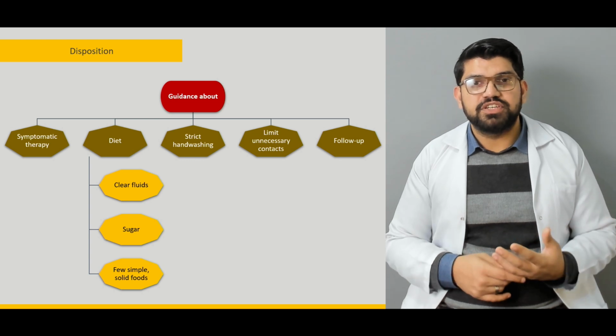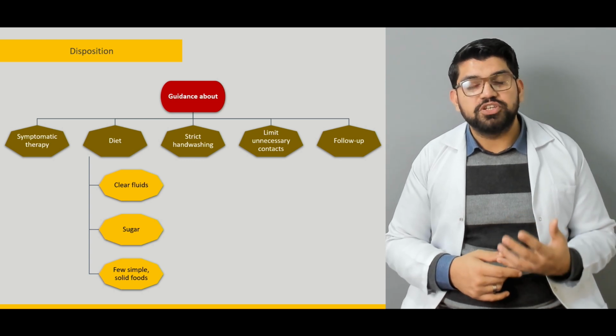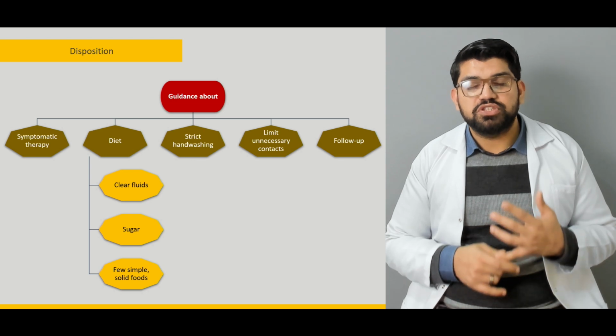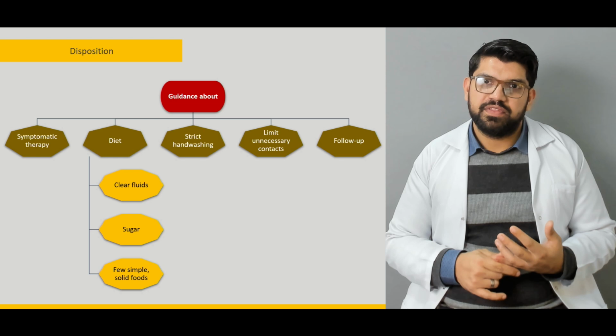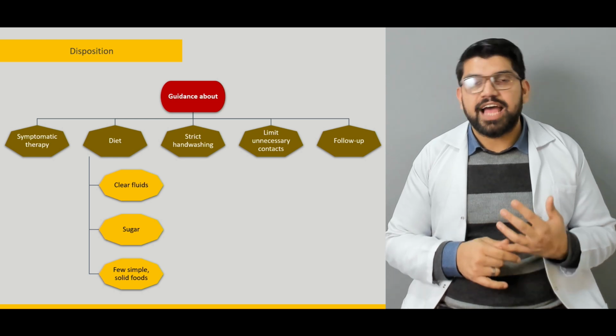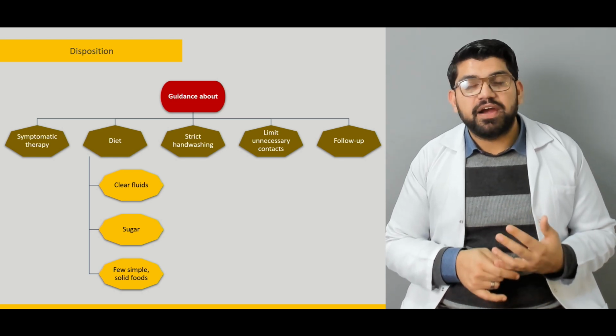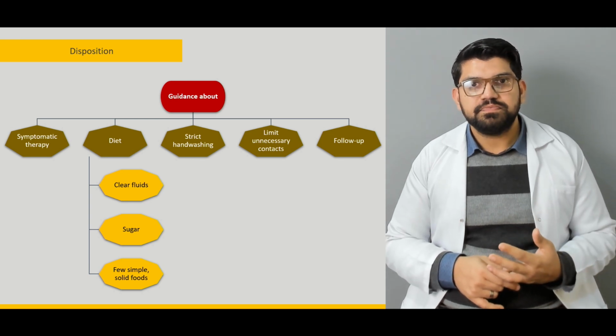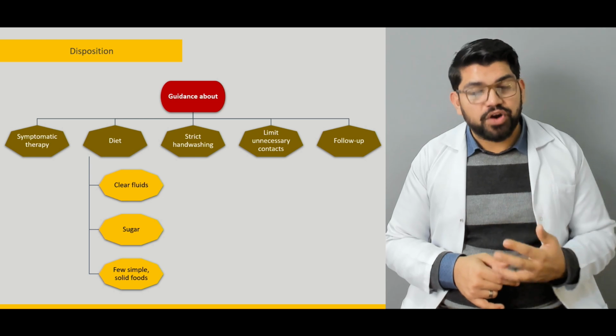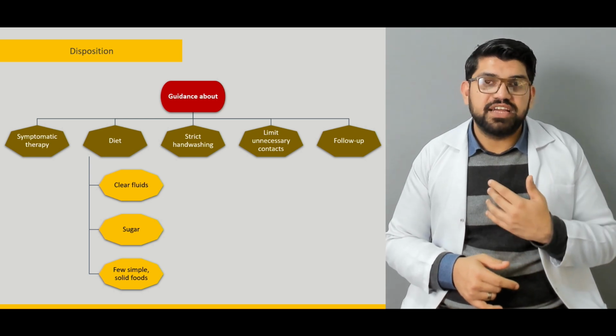For example, if the patient is immunocompromised, that patient needs admission. That patient needs aggressive IV fluids and fluid therapy. If the patient is hypotensive despite fluid resuscitation, this patient needs admission for more IV fluids via central lines.